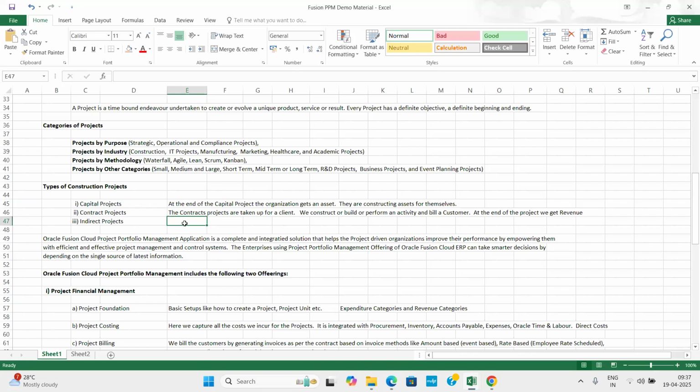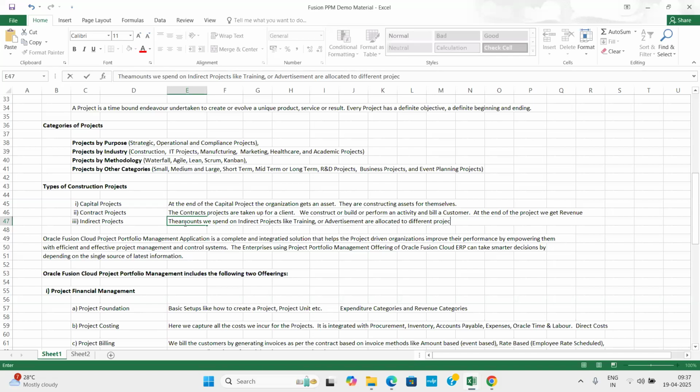Indirect projects are the ones where the amounts we spent are on indirect expenses like training or advertising, which are allocated to different projects where the resources work or where the sales are increased.